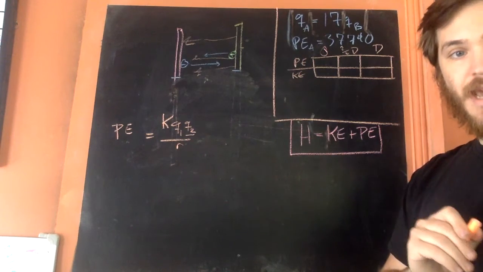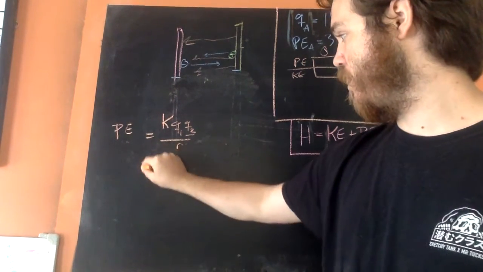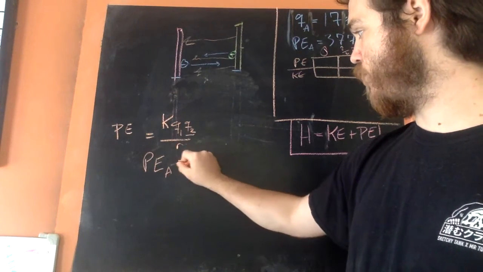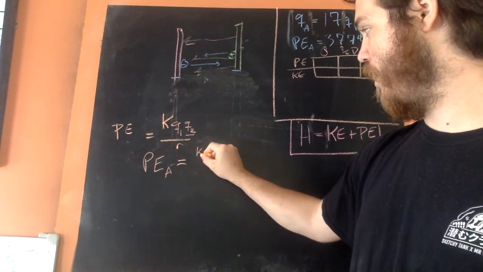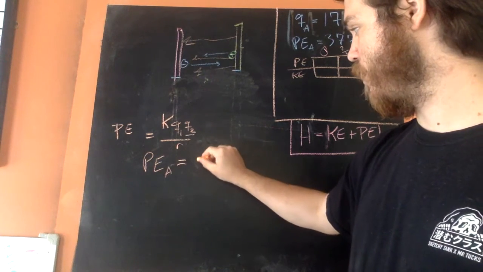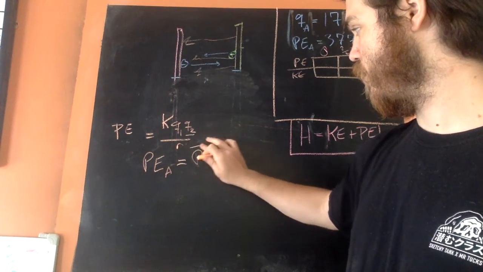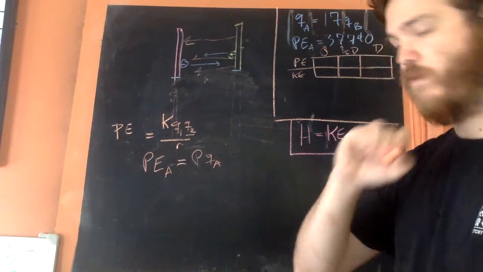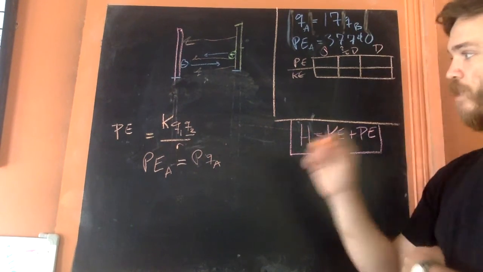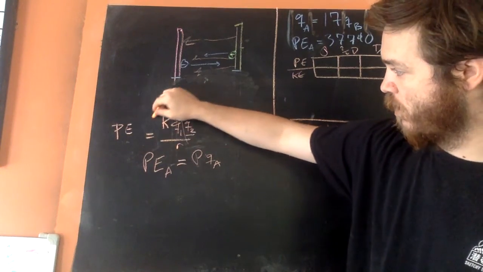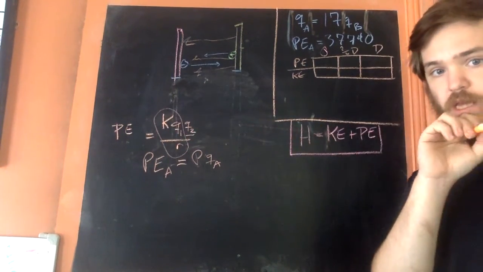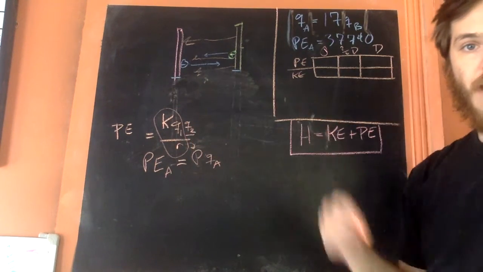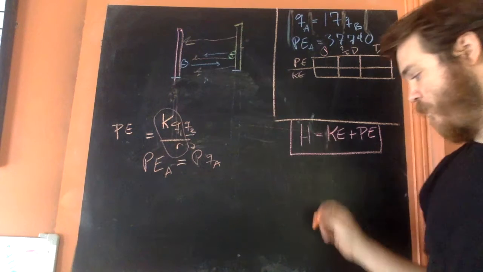So then what we can say is PEA is equal to P QA. So all I did was I turned this KQ over R into this P because we don't need these numbers for now since they're in a uniform field.